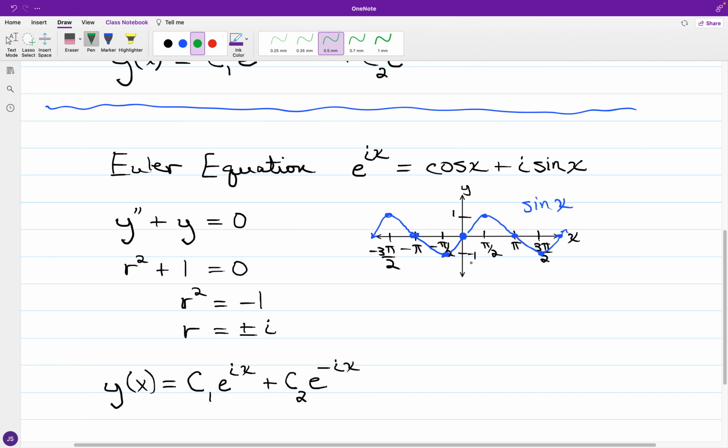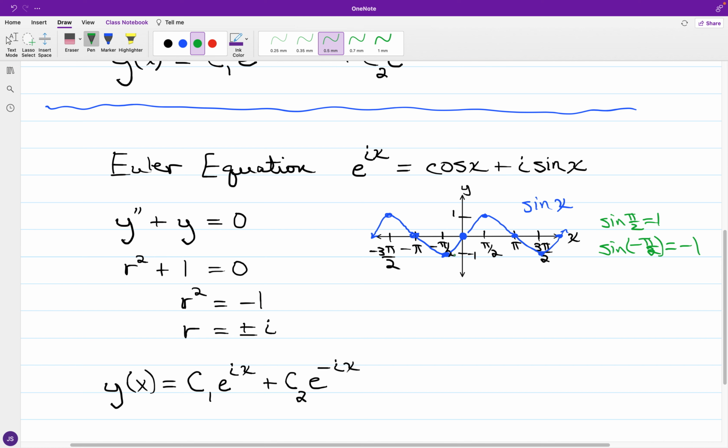Okay, just going back. If you notice, the sine of pi over 2 is equal to 1. But the sine of negative pi over 2 is equal to negative 1.